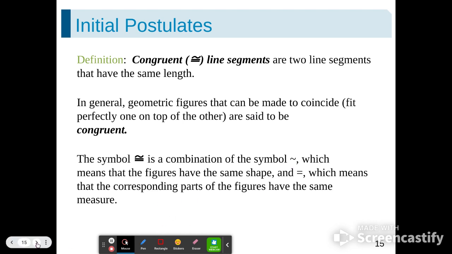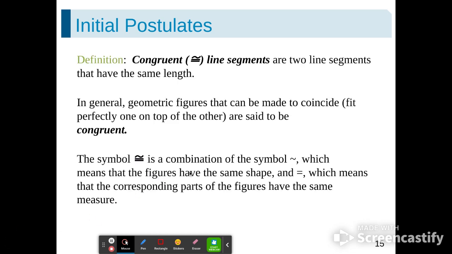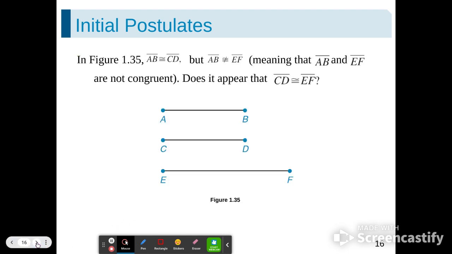So let's see how that applies. For example, take a look at this. Line segment AB is congruent to line segment CD. Notice we're not using an equal sign because we're not talking about measure. We're talking about this idea of congruence, and so that means the corresponding parts have the same measure. It's a slightly different deal.